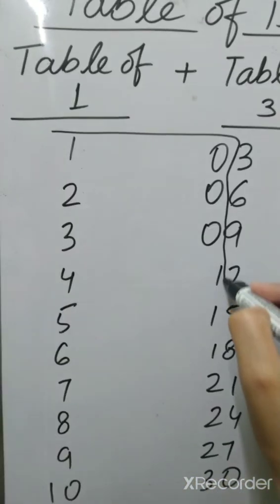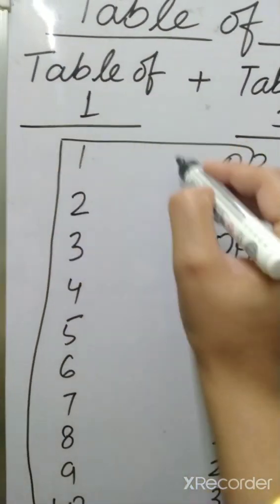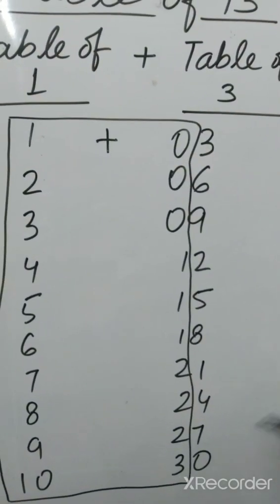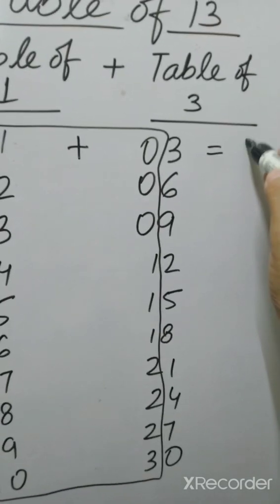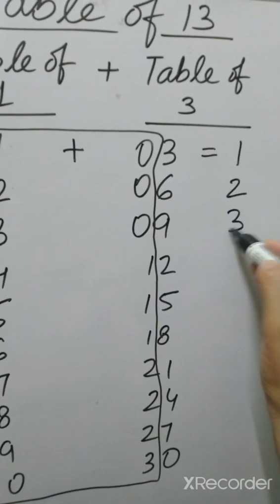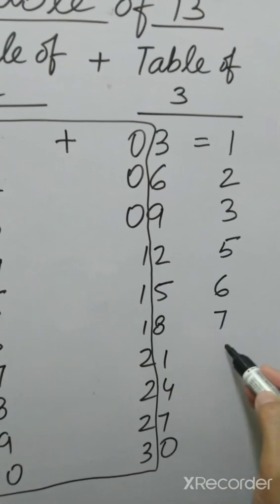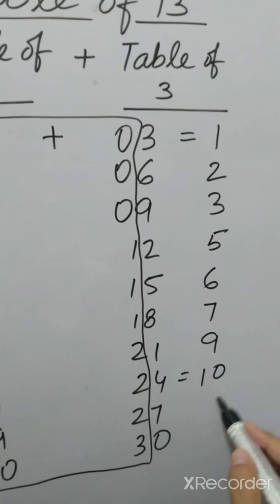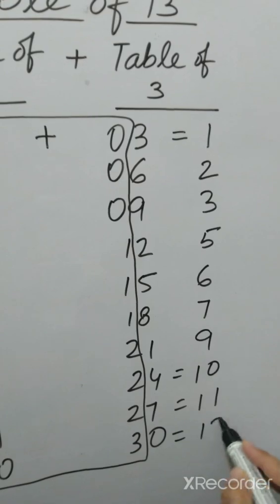You have to add them and the table of 3, which will be at one place, we will write as it is. First let us add 1, 2, 3, 4 plus 1 is 5, 6, 7, 9, 8 plus 2, 10, 9, 10, 11, 13.